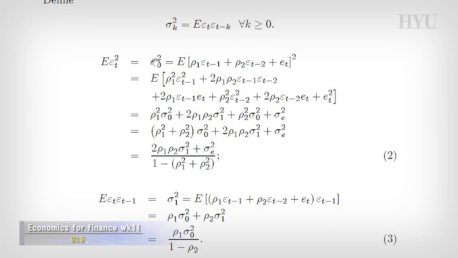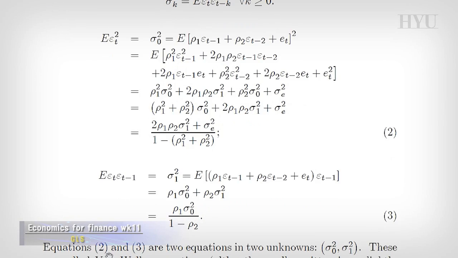Equations 2 and 3 are 2 equations in 2 unknowns, and these are called the Yule-Walker equations, although usually written in a slightly different way, and can be solved for sigma 0 squared and sigma 1 squared.